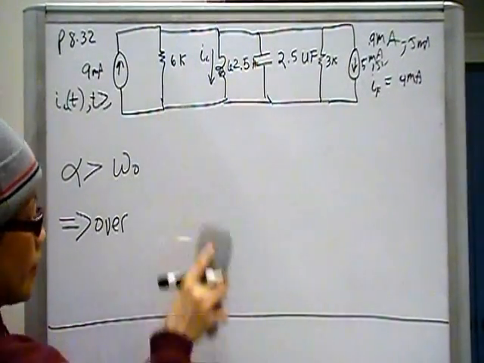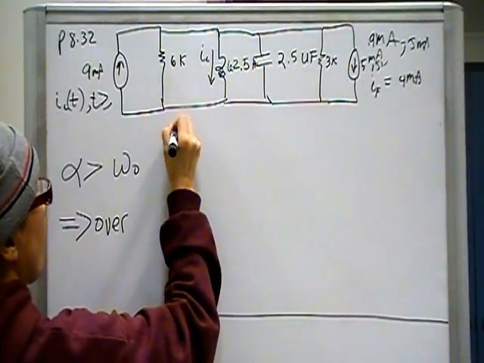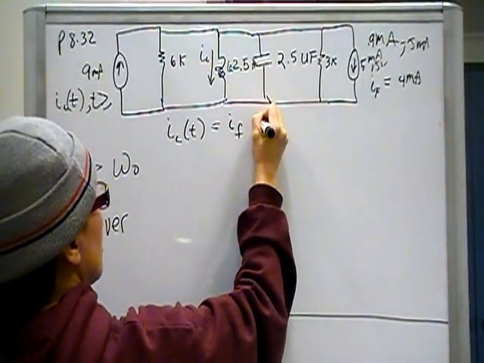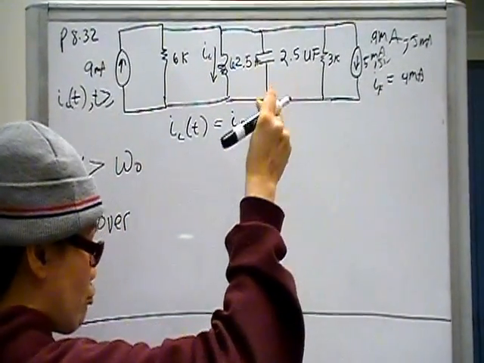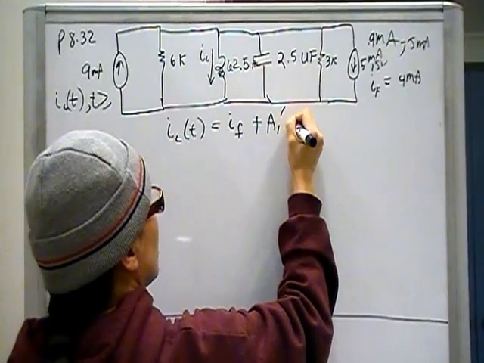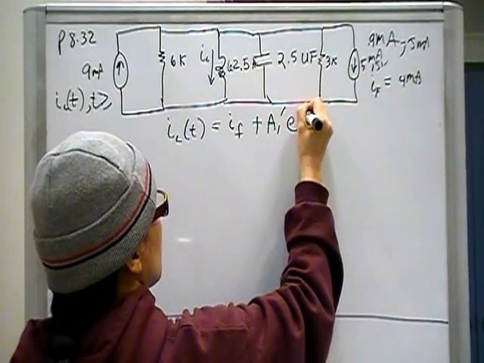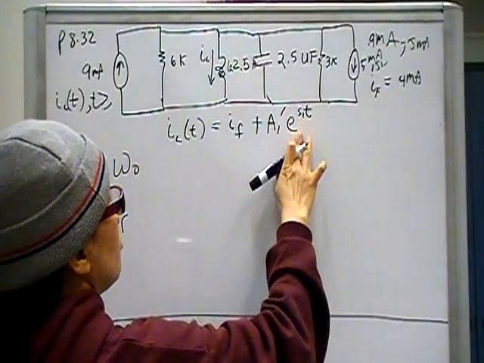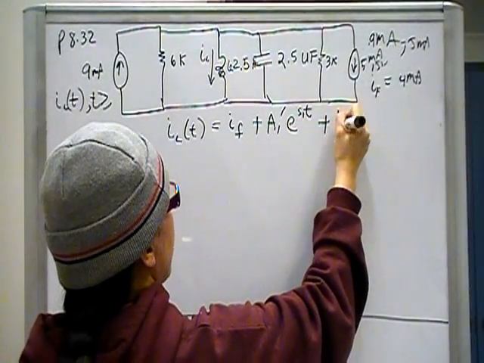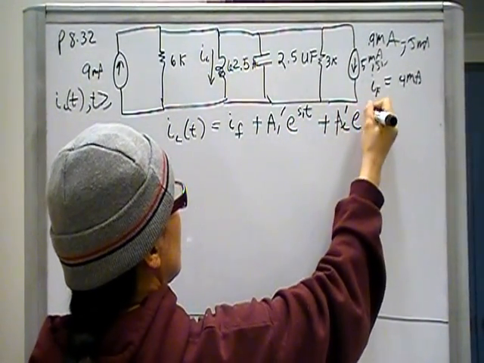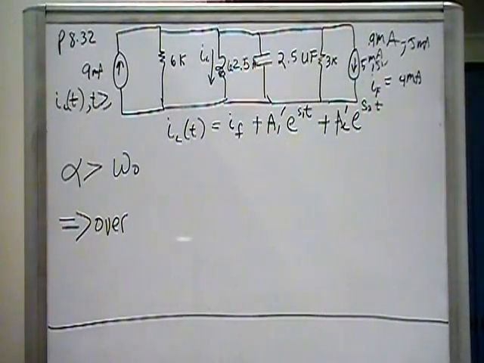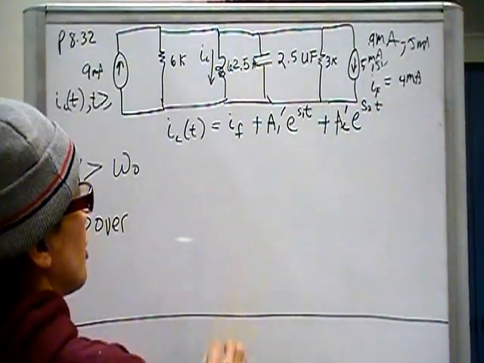The general equation will be IL of T is equal to I final plus A1 prime E to the S1 of T, plus A2 prime E to the S2 of T. That is your final equation, and we need to find the coefficients.